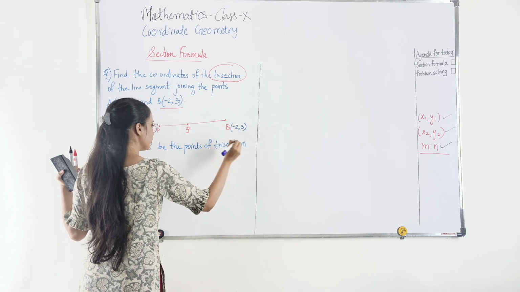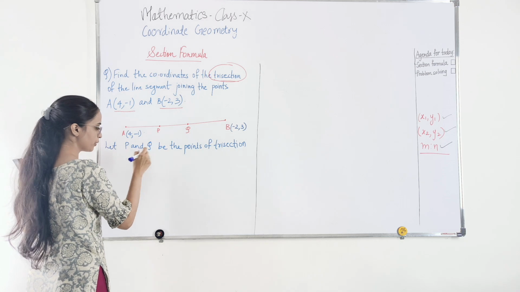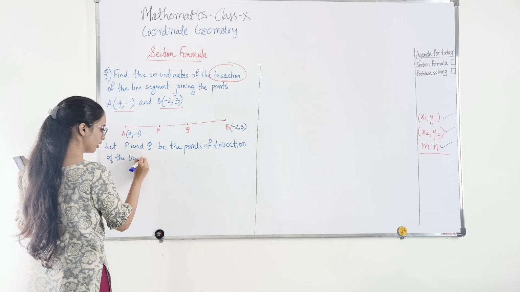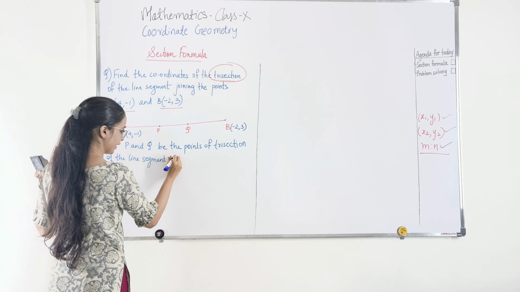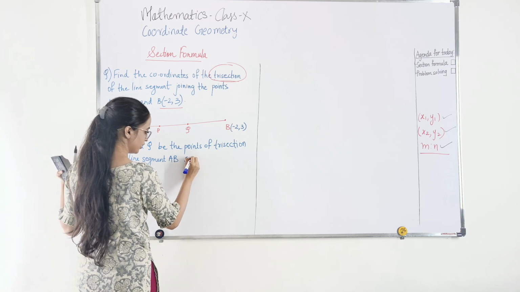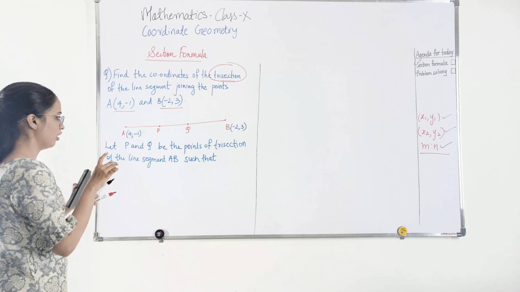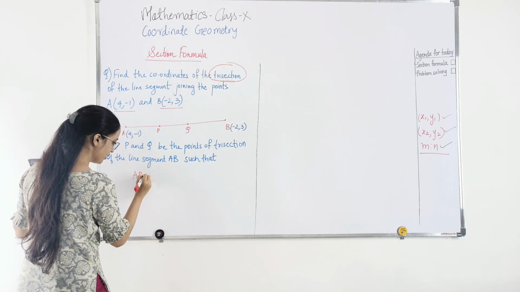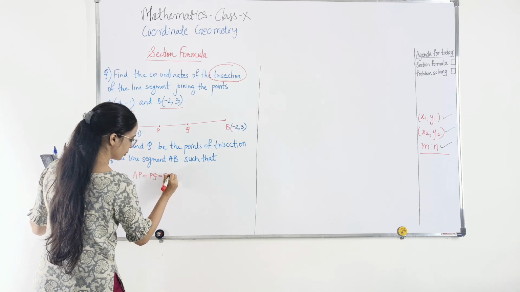Now they are trisecting which line segment? Line segment AB. So let P and Q be the points of trisection of the line segment AB such that, now note this carefully, such that your AP would be equal to PQ would be equal to QB.